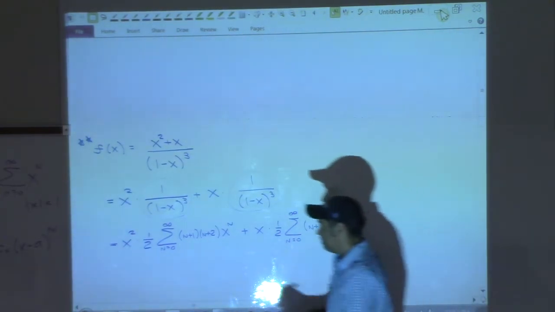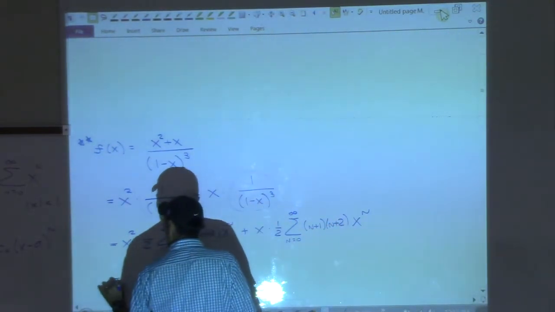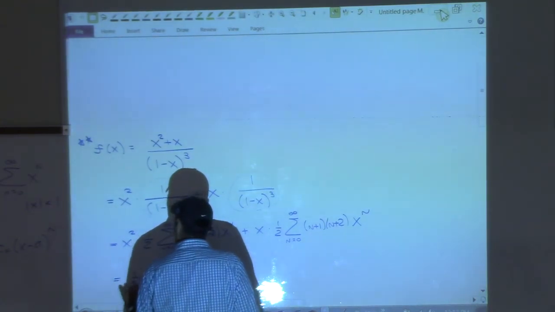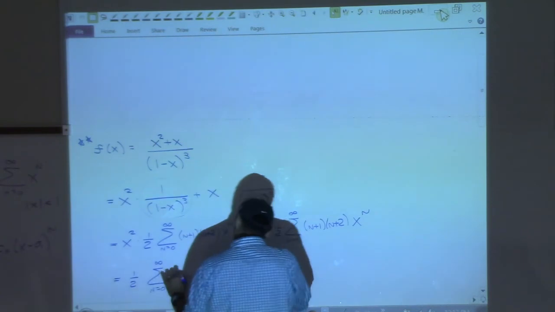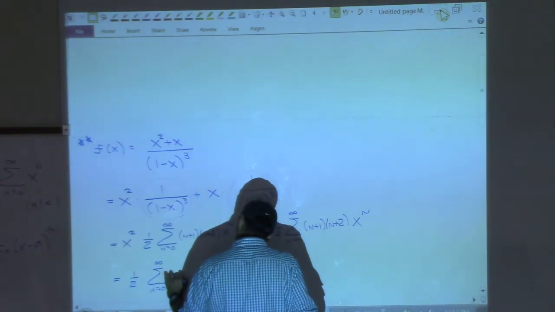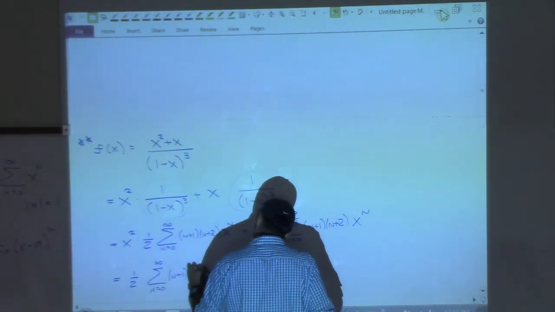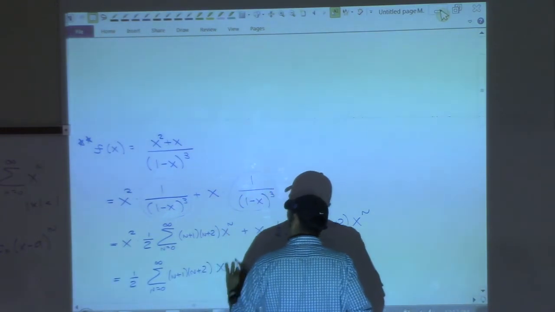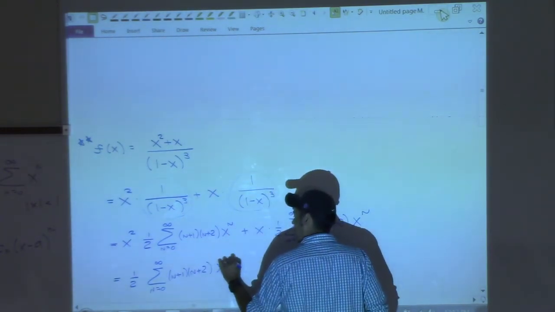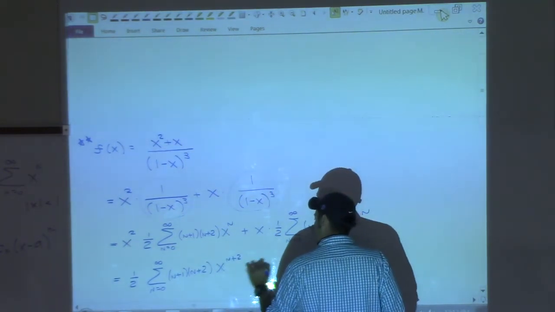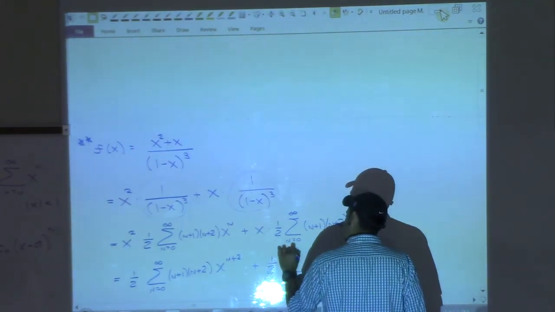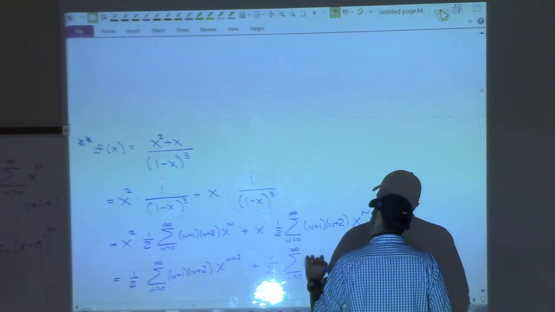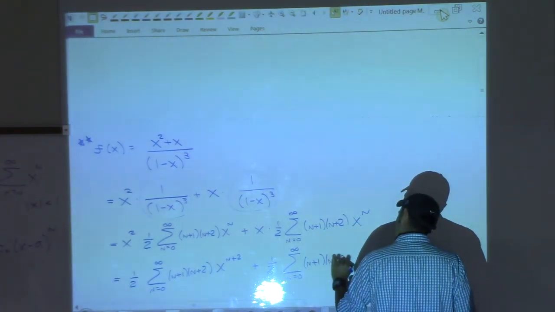Push the x's in. 1/2 sum n equals 0 to infinity of n plus 1 times n plus 2 times x to what power? N plus 2. Okay? Plus 1/2 sum n equals 0 to infinity n plus 1 times n plus 2.